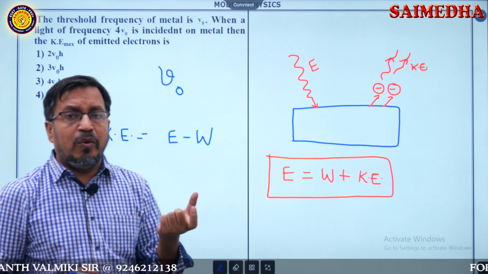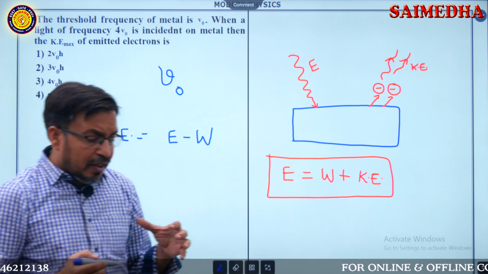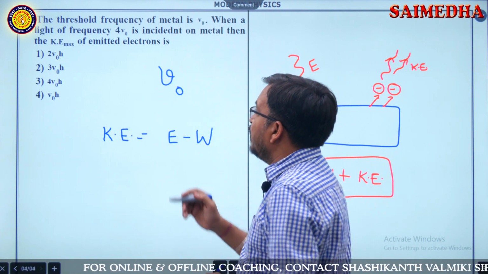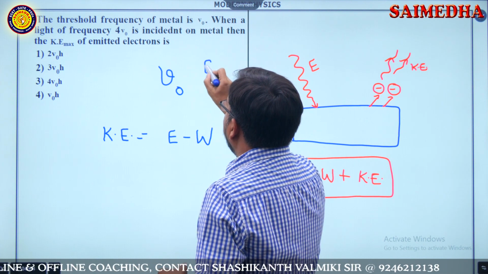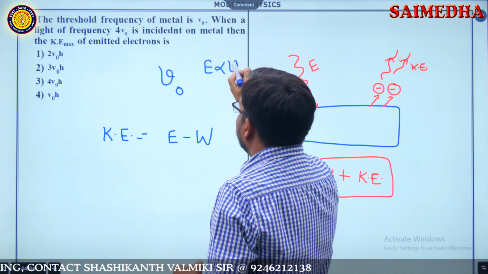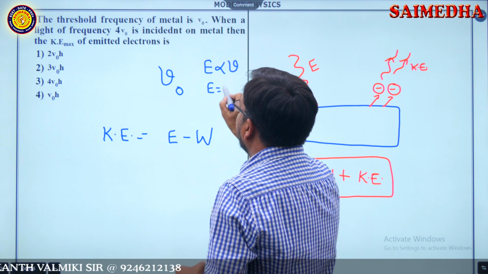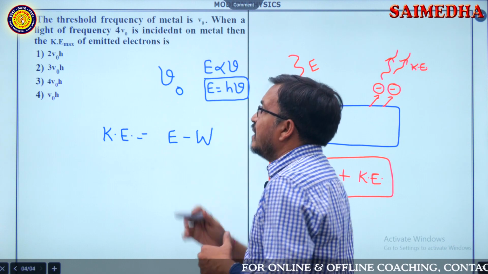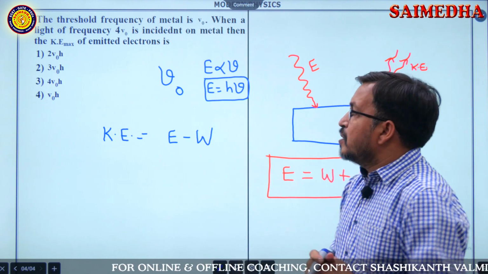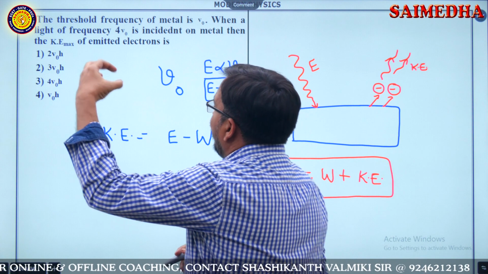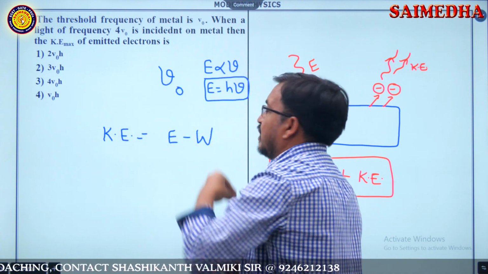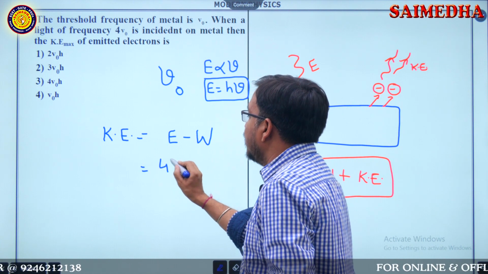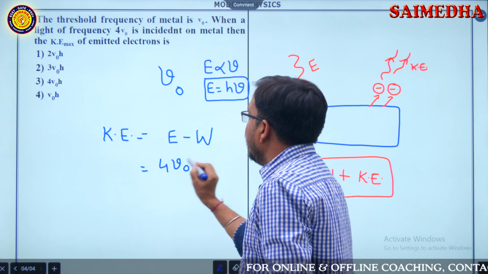And what is W? Work function. Here, what is the energy formula in terms of frequency? E is directly proportional to the frequency of incident light. From this, E equals h mu. What is h? Planck's constant. So, here the light has frequency 4 mu naught, so E equals 4 mu naught into h.